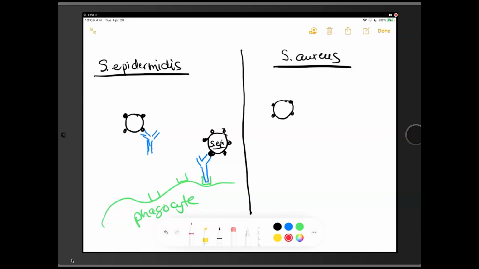It has a special different protein here. This is called protein A. This is what I would refer to as a virulence factor for the organism.